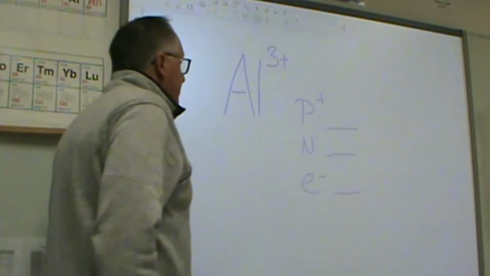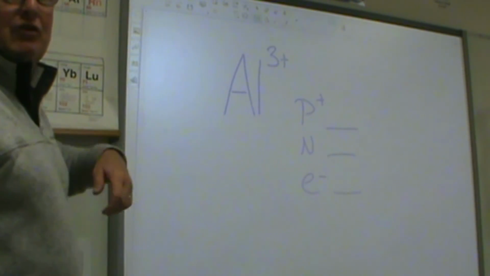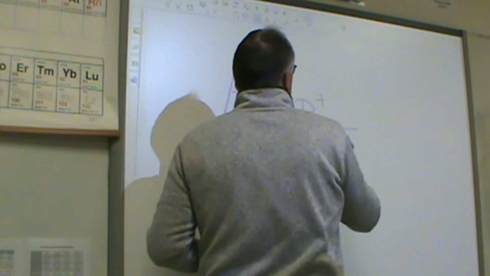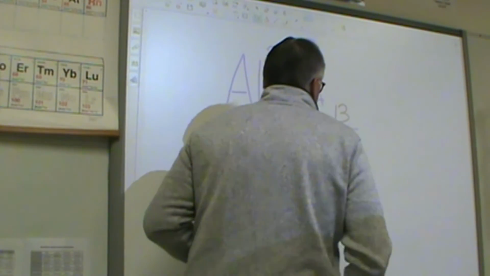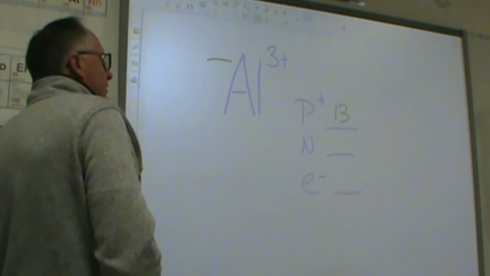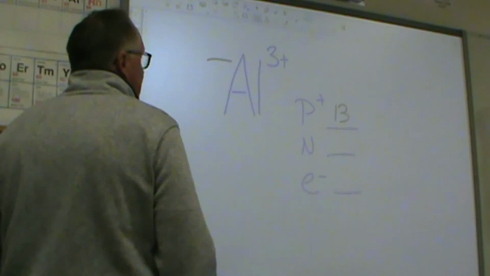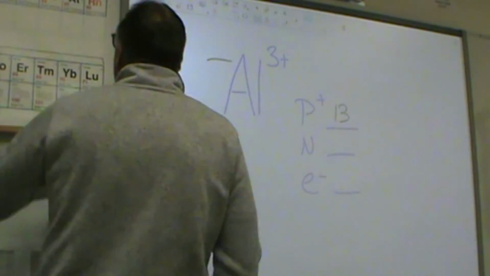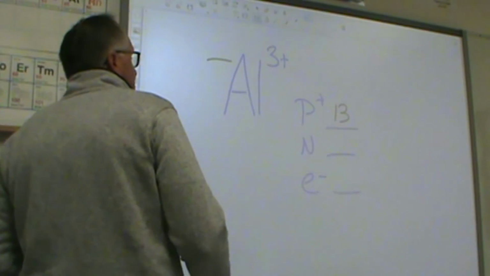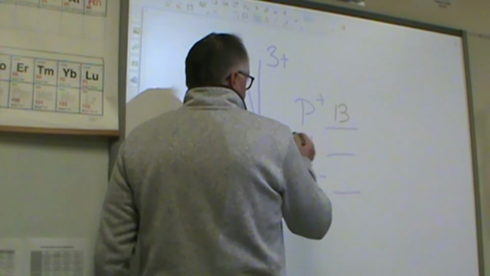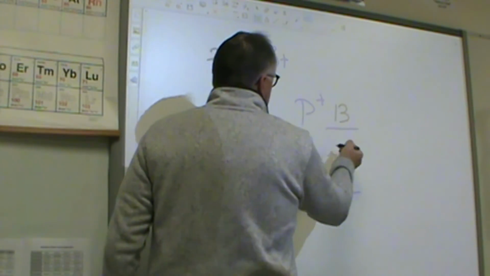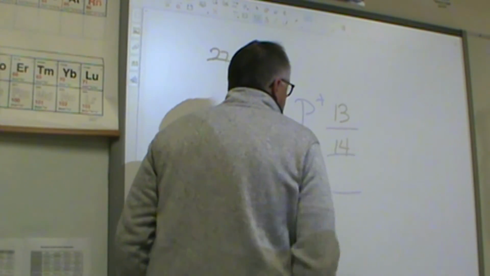If we were going the other direction, we would just look on the chart. Aluminum has an atomic number of 13, so it always has 13 protons. And since there isn't a number up here to show that it's a different isotope, we take it as the most common, which since it says 26.98, we just round that off to 27. And again, 27 minus the 13 will give me 14 neutrons.